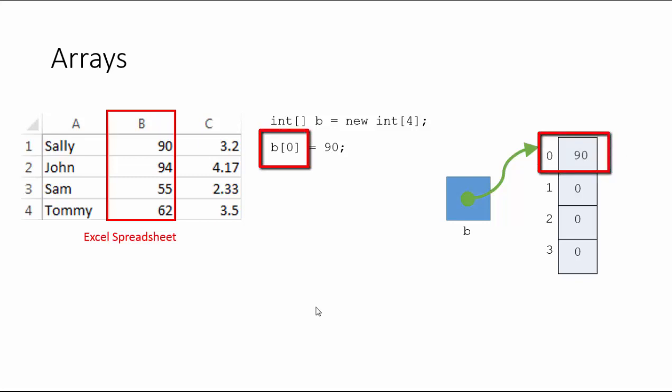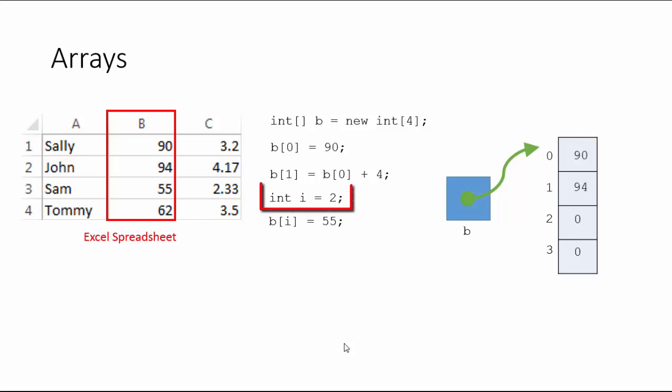We can use this integer cell as we would with any int variable. This statement takes the contents of B sub 0 and adds 4. The result is assigned to B sub 1. This statement creates an integer variable I and initializes it to 2. This statement assigns the value 55 to B sub 2 since I contains 2.